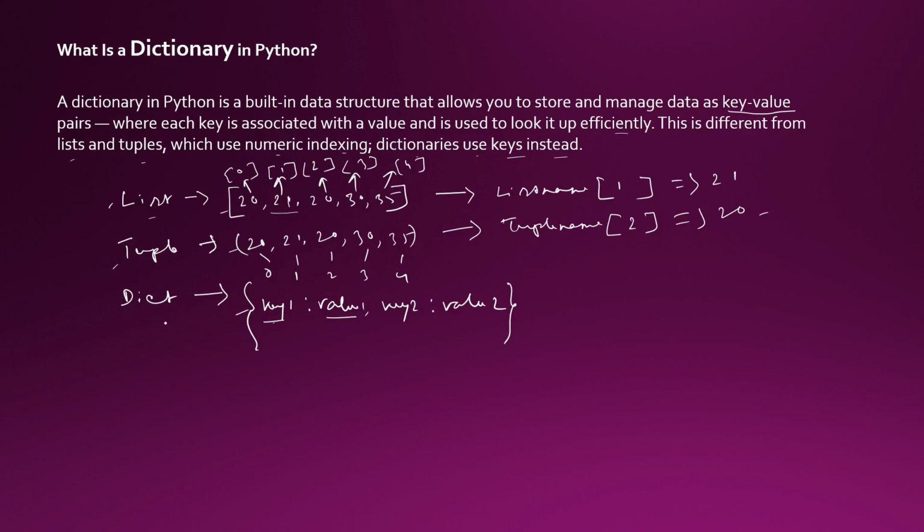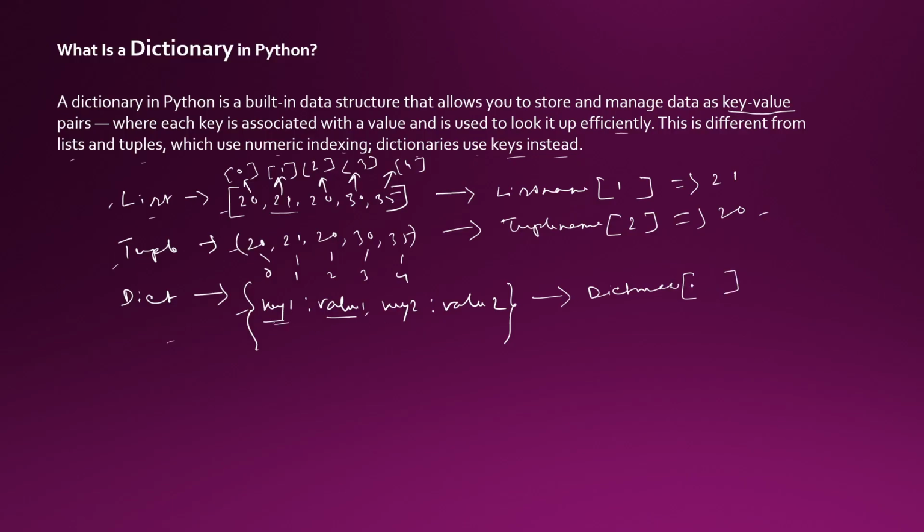But a dictionary doesn't have its own index position. So in order to access a value from this dictionary, what do we have to do? We have to pass our dictionary name, and within square brackets, instead of passing any index value, because it doesn't have any index value, we have to pass the key name.